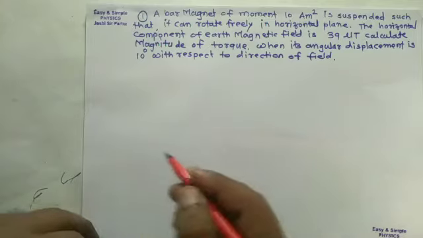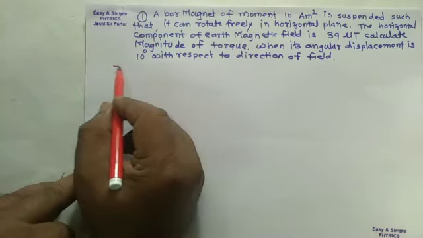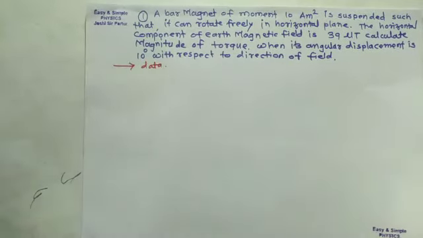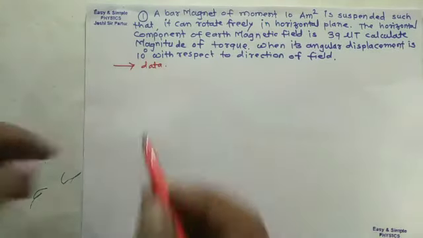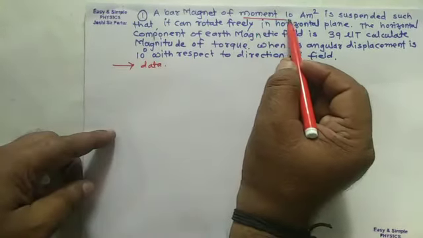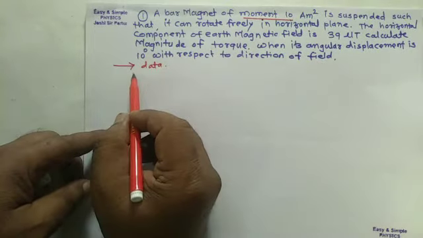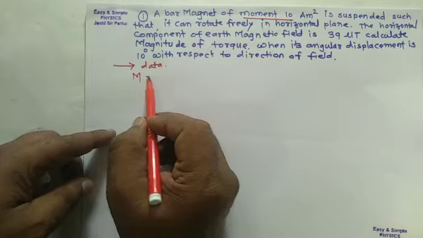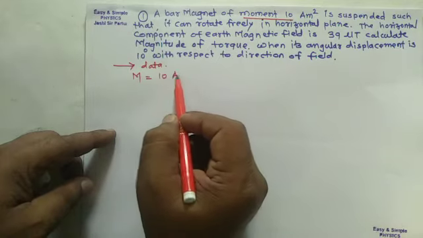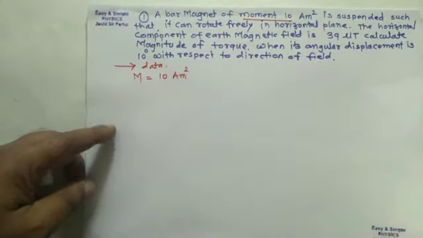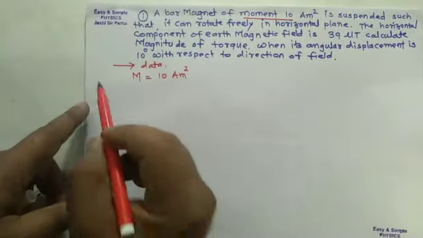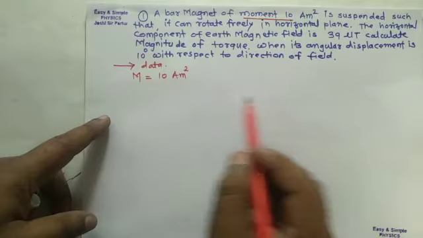In such an example, first of all, we can write the data. In this example, the magnetic moment, that is capital M or mu, is equal to 10 ampere meter square. Sometimes mu and M are the same.